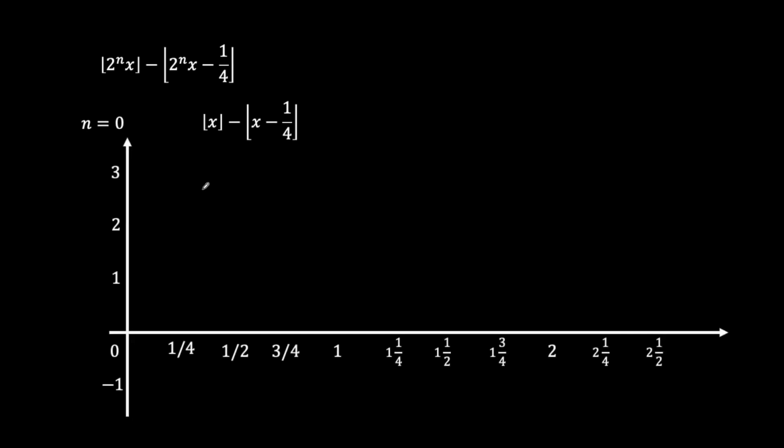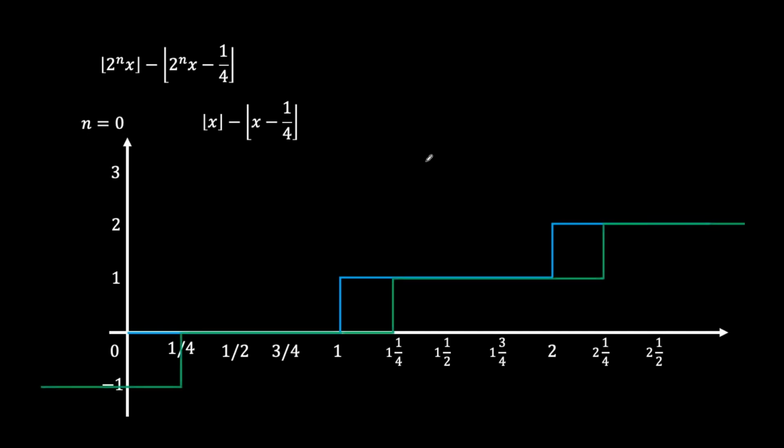If we have our graph like this, from 0 to 1 it's 0, and then from 1 to 2 it becomes 1, and then from 2 to 3 it becomes 2. Now, the floor function of x minus a quarter.